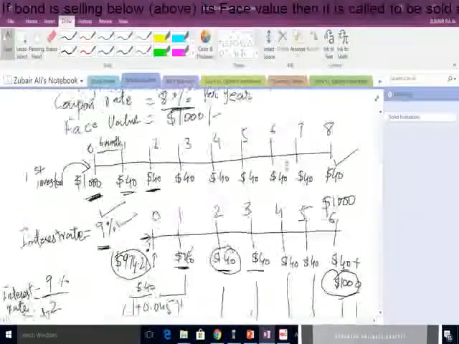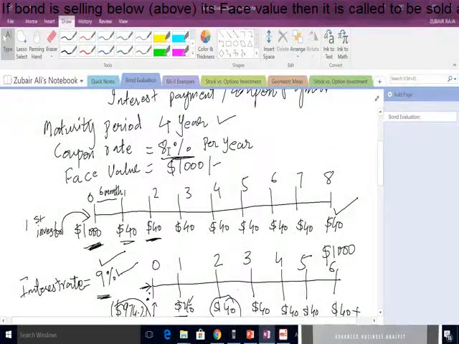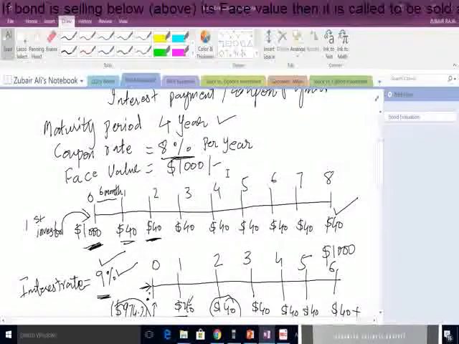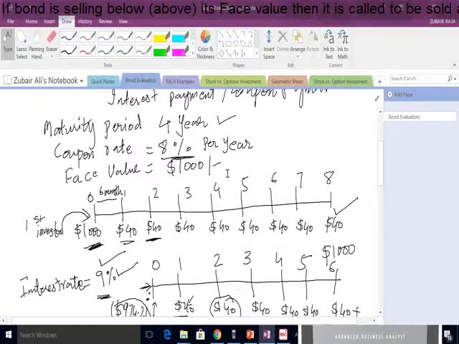If the interest rate in the economy decreases and becomes less than the coupon rate, then the price of the bond will go up, because the newly issued bond will be giving lower interest payments compared to this bond.